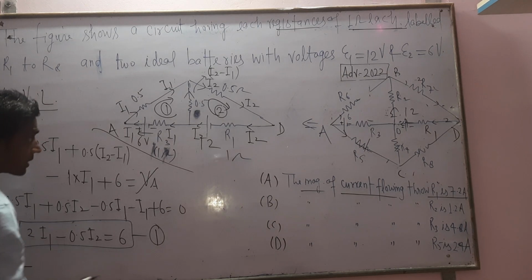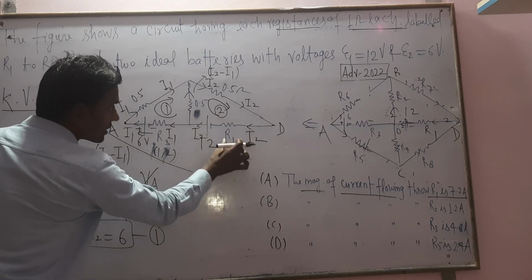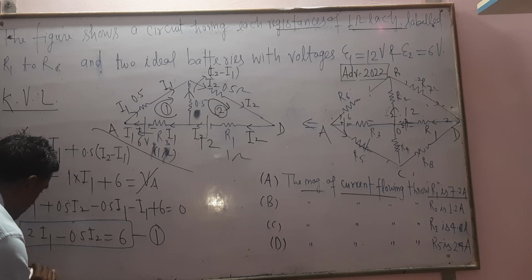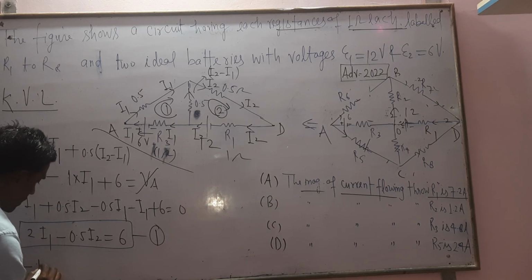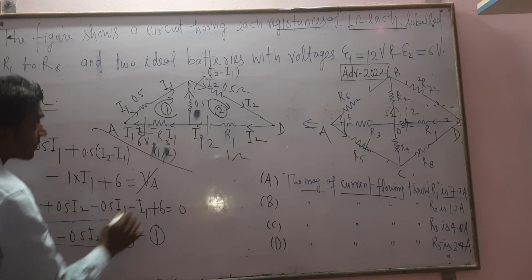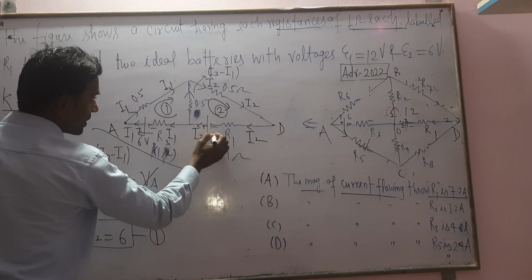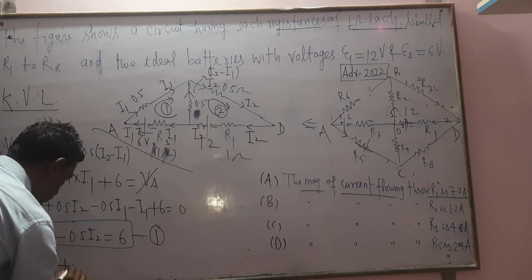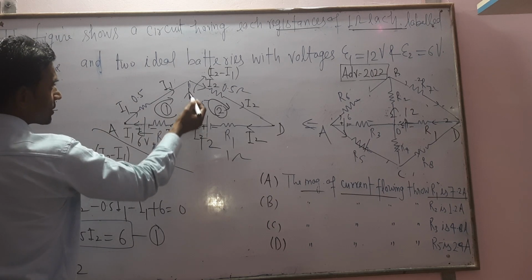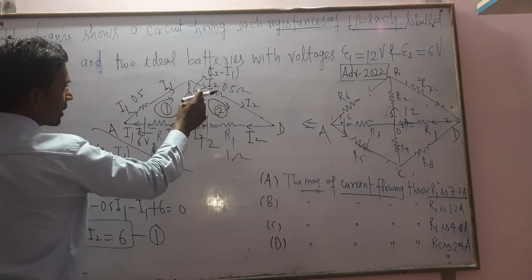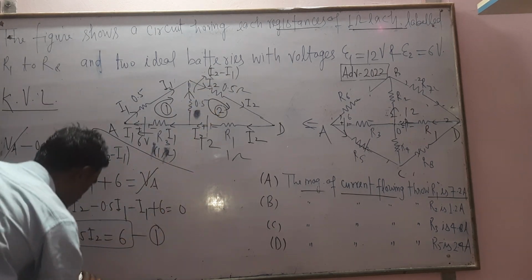VD minus I2 times the resistance, so 1 into I2, then from negative to positive, plus 12 volt, and this is the 0.5 resistance, with current I2 minus I1.